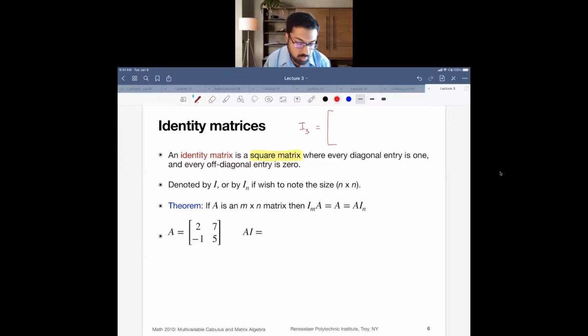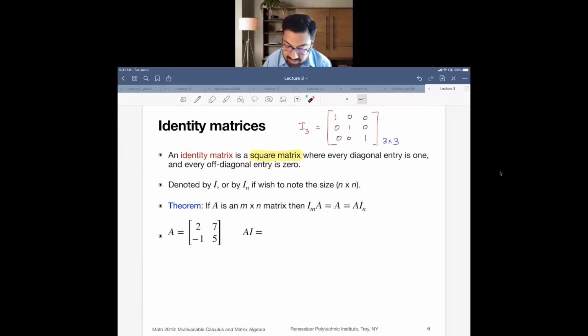I just need to write 3 because it's a square matrix. So all the elements in the principal diagonal are a 1, and all the other elements are a 0. So this is a square matrix, clearly of size 3 by 3, and I'm going to call that I3.